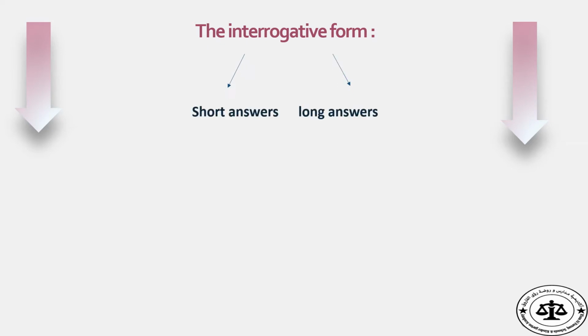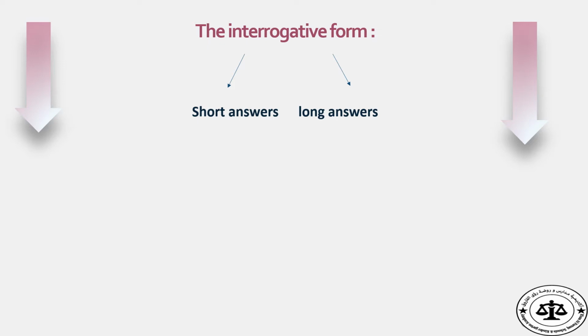Now, how can we make questions by using past continuous? We know that the interrogative form is divided into two kinds of questions: questions with short answers and questions with long answers.